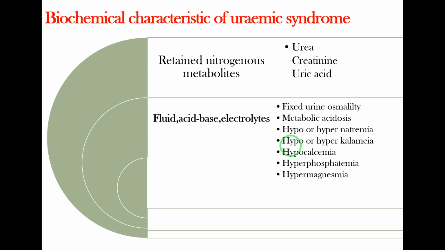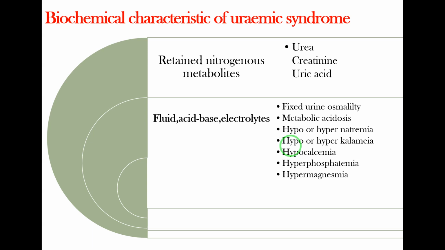The sodium balance will be defective. There will be either hyponatremia, which is a decrease in the sodium, or hypernatremia, which is an increase in the level of blood sodium. This applies also to the potassium. There may be either an increase or a decrease in the level of the potassium.